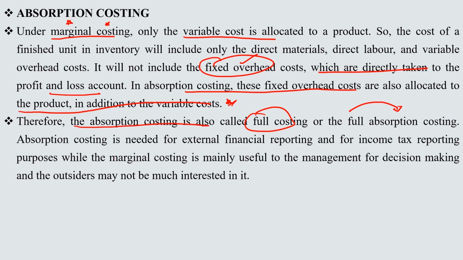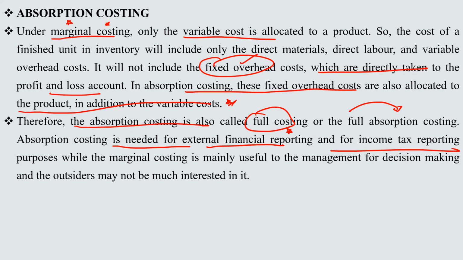Further, absorption costing is needed for external financial reporting and for income tax reporting purposes. Sometimes in the examination they will ask where it is utilized. While marginal costing is mainly useful to the management for decision making, and outsiders may not have much interest in it.